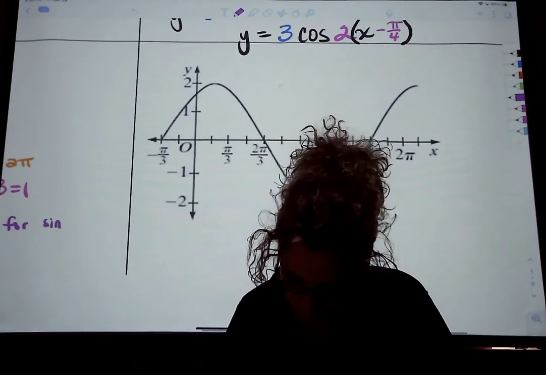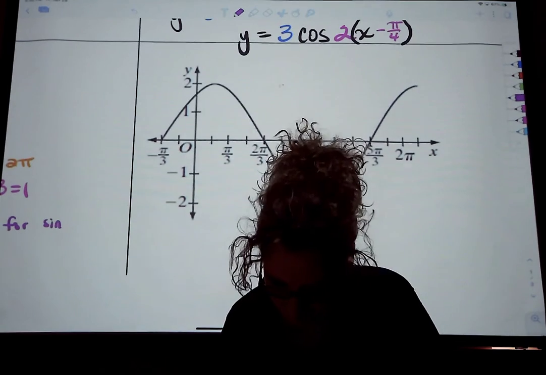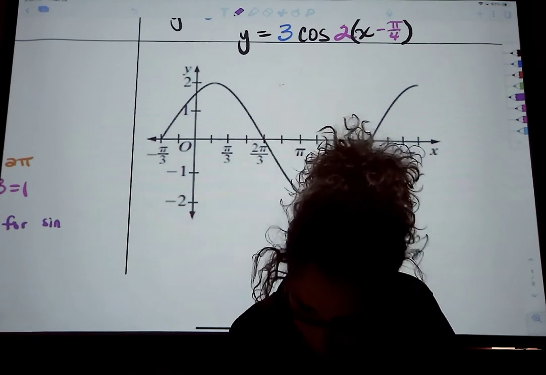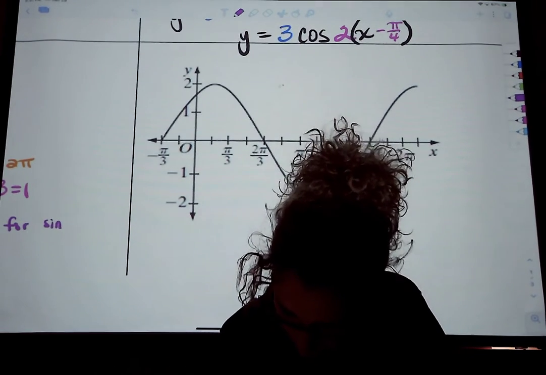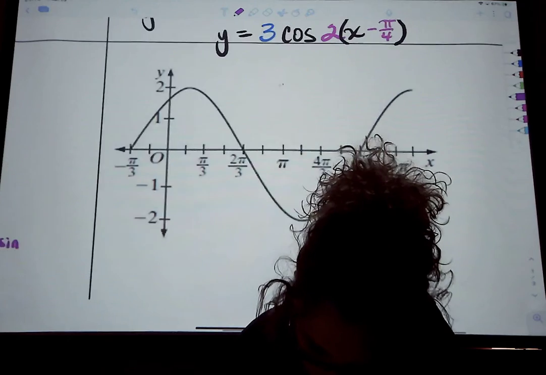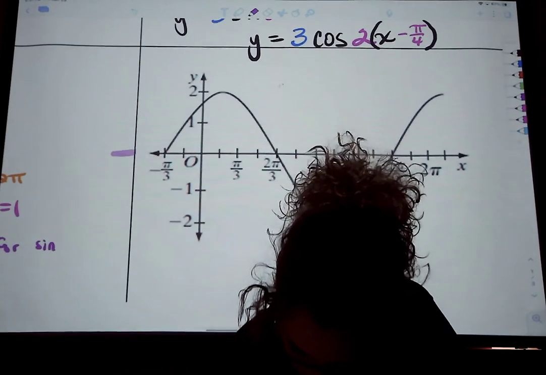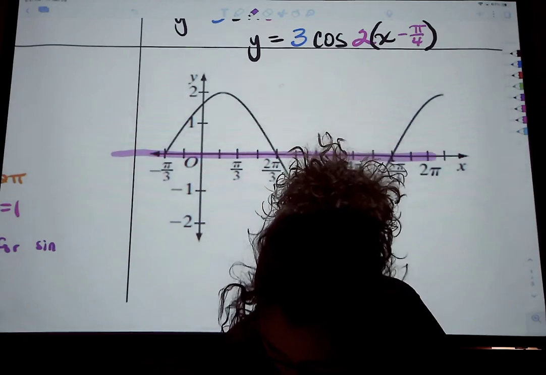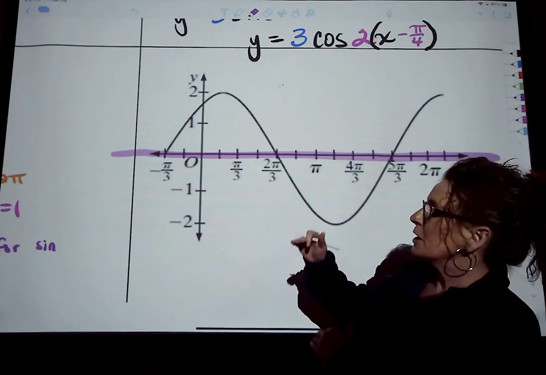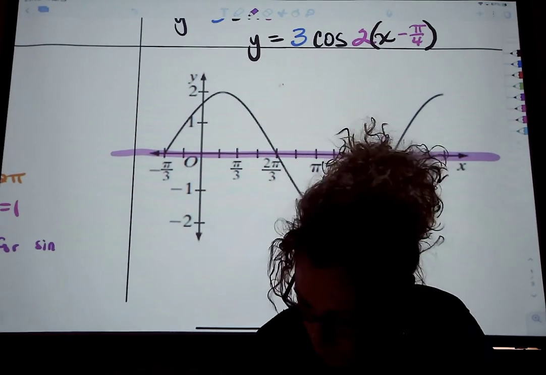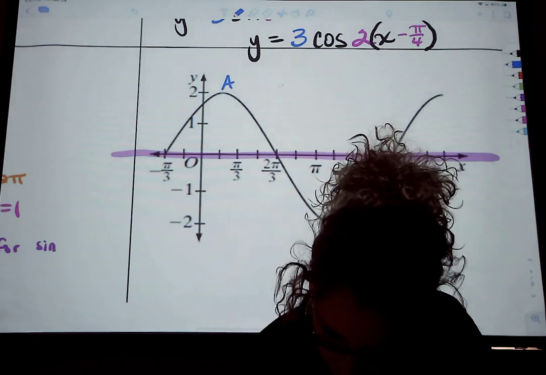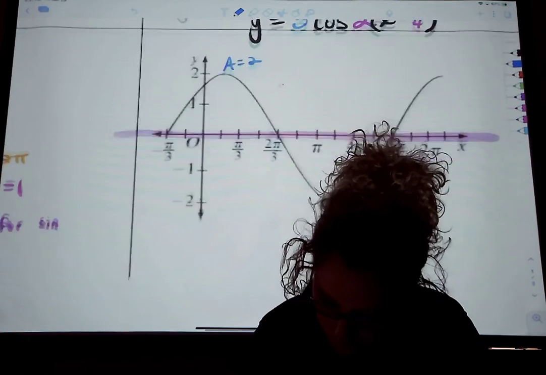Whew, okay, last one. Well, first of all, the middle, here's the middle. How far up, down does it go from the middle? 2. Amplitude is 2. That's going to be the same for sine and for cosine.